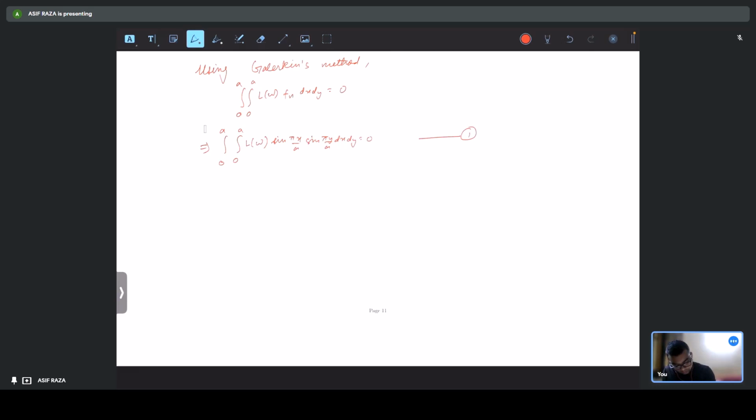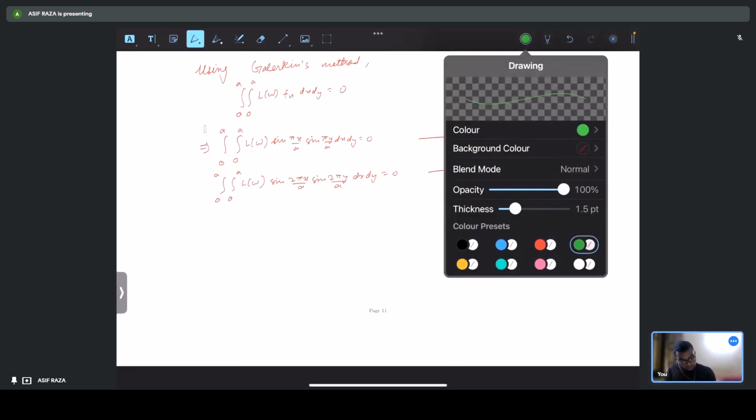Second equation: integral 0 to a, 0 to a of L of W sin 2 pi x by a sin 2 pi y by a dx dy equal to 0. Second equation.